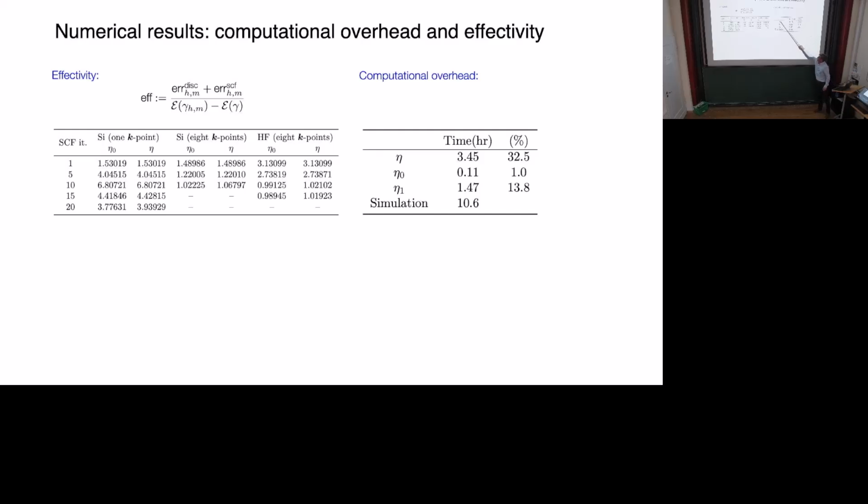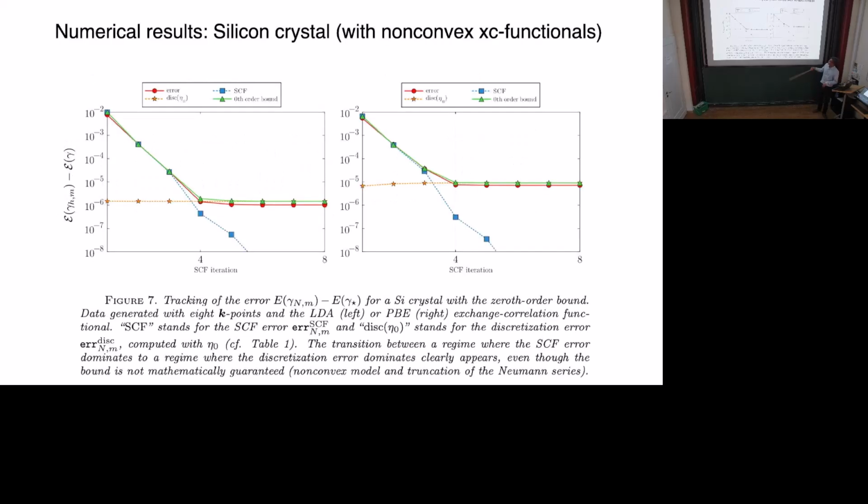If you do really the large inversion of this operator on a bigger grid, you have a significant amount of work there. But if you use this N0, which is just the first order term, you have 1%, and this is very reasonable.